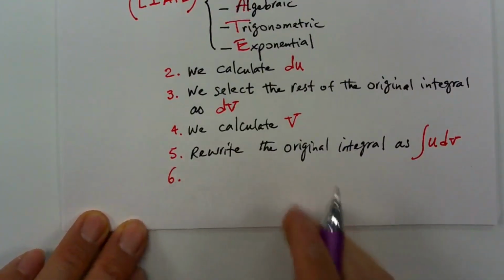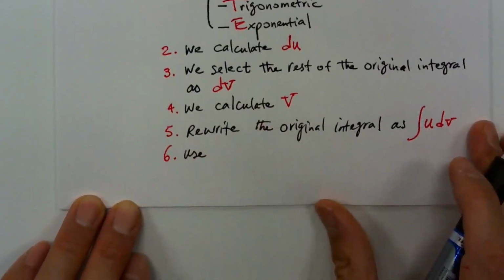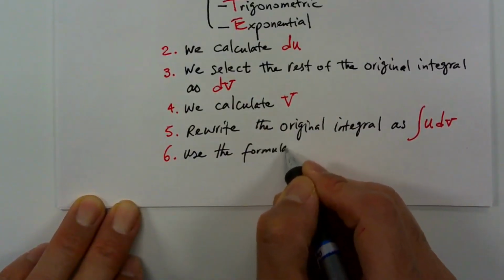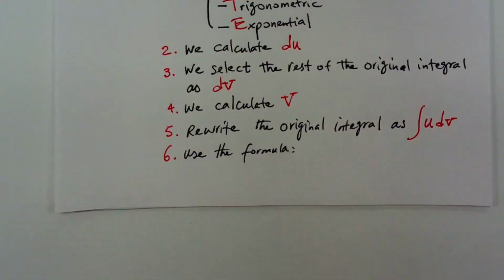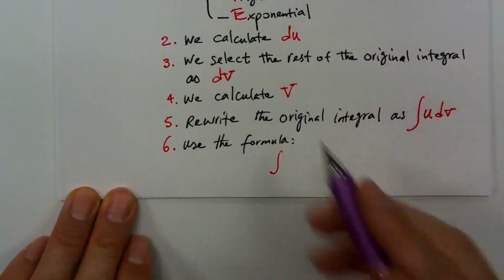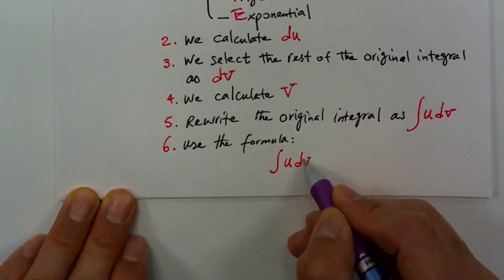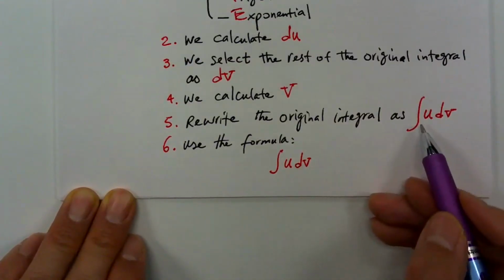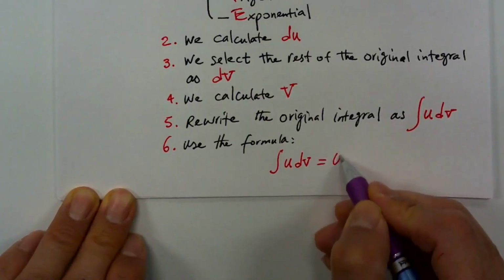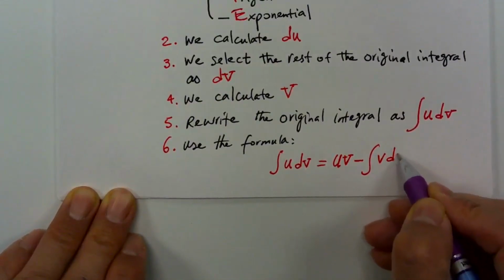And finally, sixth, we use this formula, very important: the integral of u dv, which is our original integral written in the new variables, equals uv minus the integral of v du.